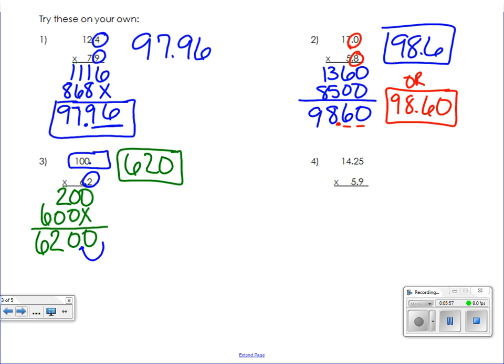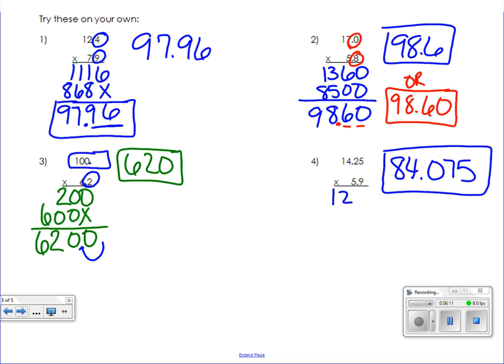And the last one, you would get 84.075 as your final answer. And when you multiply it, you get a 12,825 here. And then you get 71250 here.